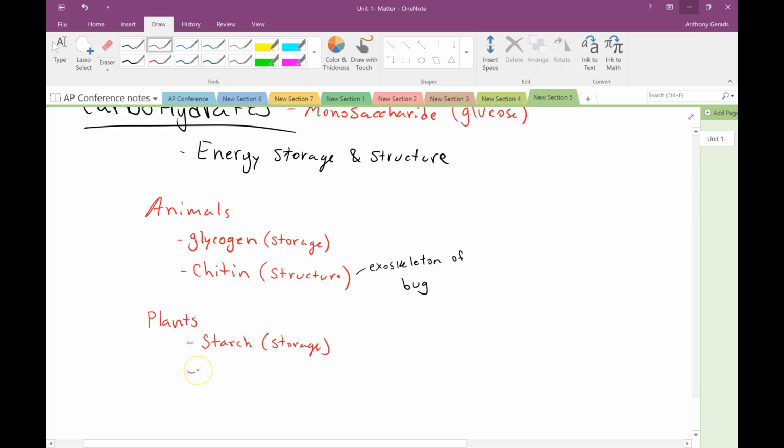And then, what's a big one that plants use for structure? Cellulose. They use cellulose for structure. How do they use it for structure? What does it make up?